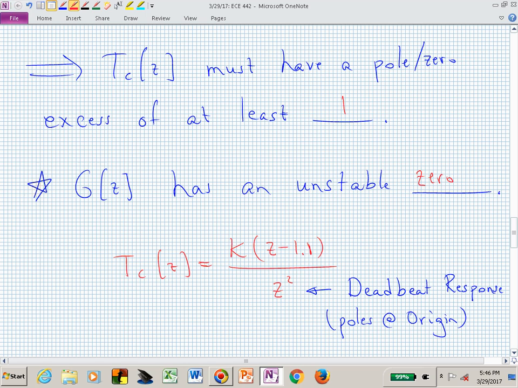Restriction 3 deals with what? Unstable poles. Did we have any unstable poles here? No, so we're speaking hypothetically. But if we had an unstable pole at 2, then we would evaluate 1 minus T sub c of z at that location, z equal 2, so that that factor would have a zero where we have the unstable pole. That's what we're using restriction 3 for. In problem 4, you don't have to worry about restriction 3.